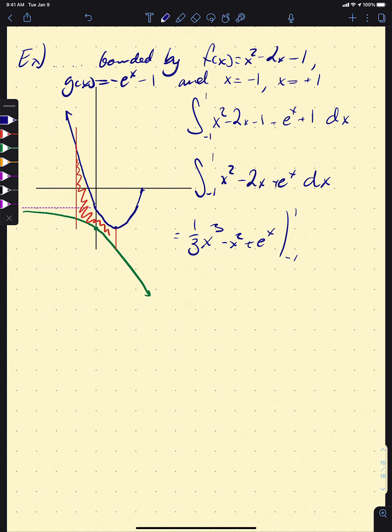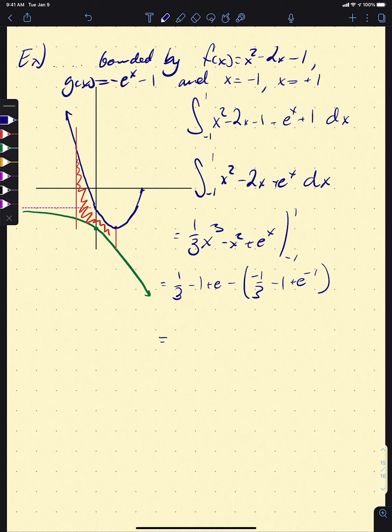So we're going to get 1/3 minus 1 plus e, that's our +1 case, minus a -1/3 minus 1 plus e to the -1.